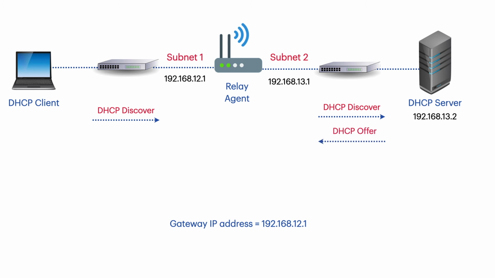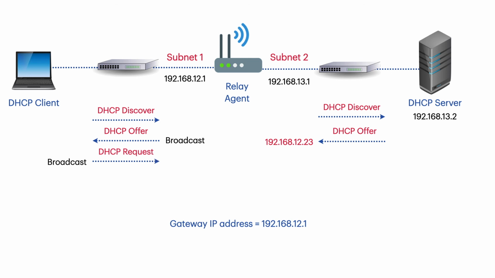The DHCP server then replies with a unicast offer message to the relay agent with an offered IP address. Based on the subnet information, the router then broadcasts the reply within the subnet. The DHCP client receives the offer message and then broadcasts the request message requesting to allocate the offered IP address. The router again unicasts this message to the DHCP server.